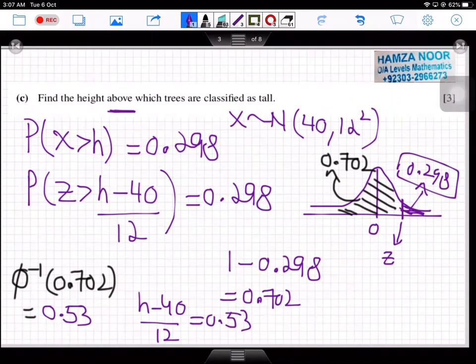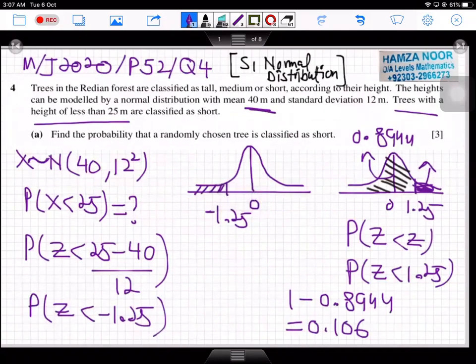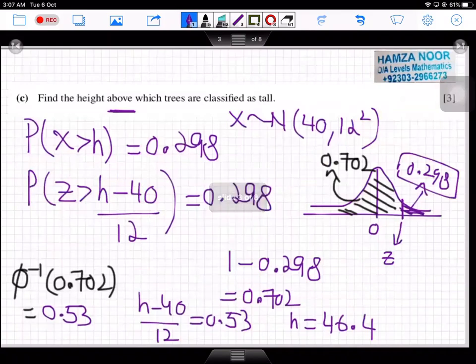So multiply 12 by 0.53 and add 40 to it. Your answer is 46.36, and correct to three significant figures, your height is 46.4. 46.4 meters, because the original information in the question is given in meters.